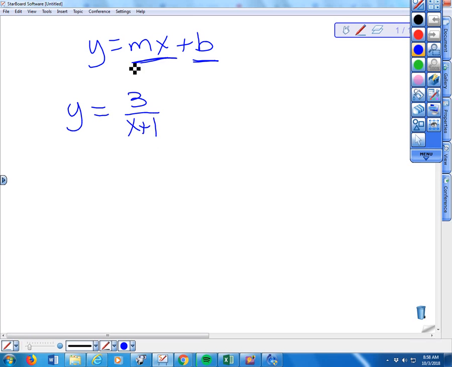X is in the numerator here, right? Not the denominator. This function is not a line. This function is a rational function, and it's going to have an asymptote, which you're going to learn about in the very last chapter of Algebra 2, but definitely not a line. X has to be in the numerator.